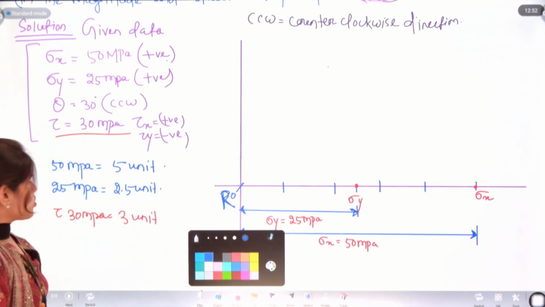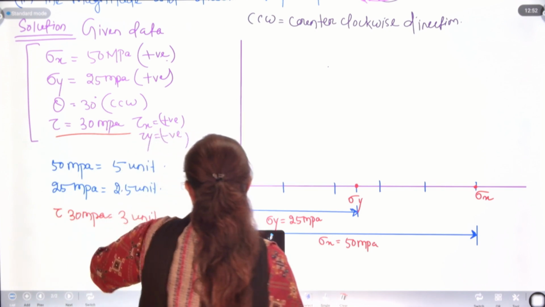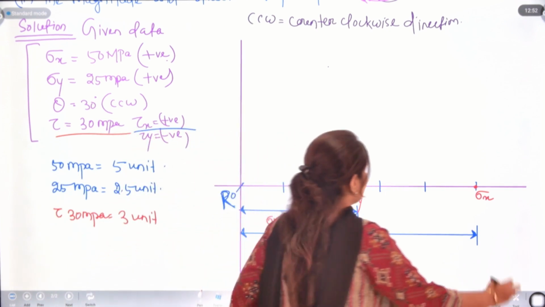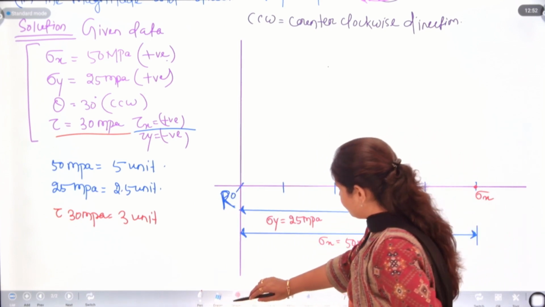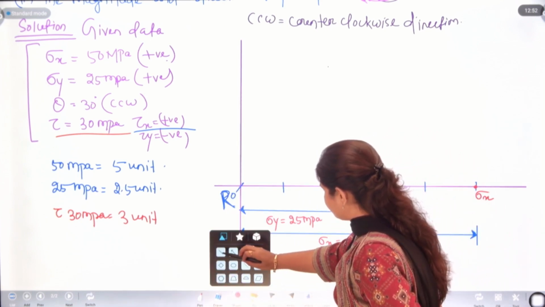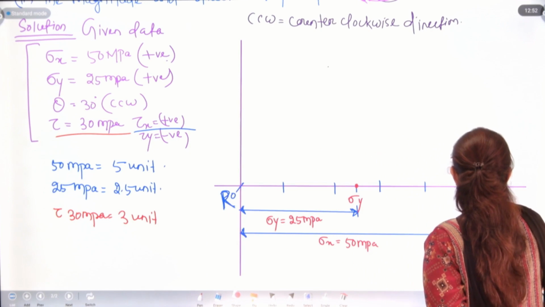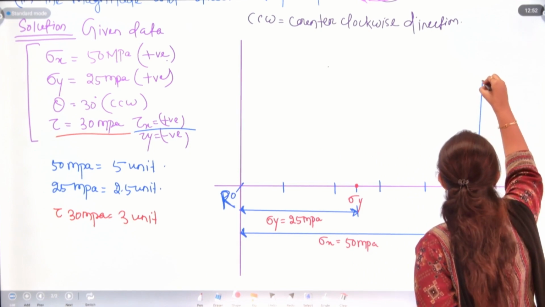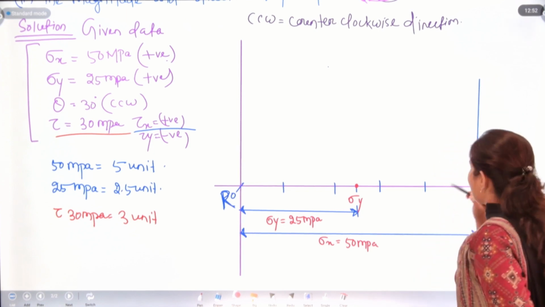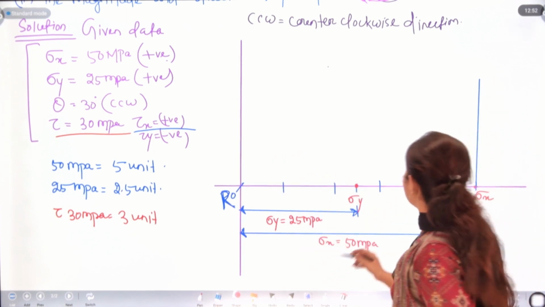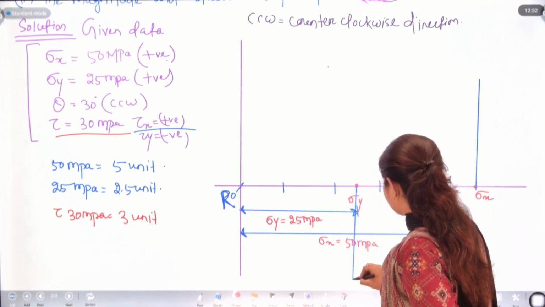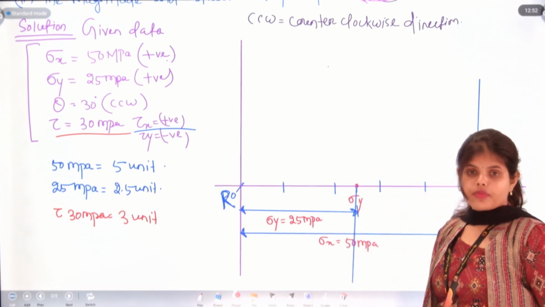We can see tau x is in the positive direction. So let's draw this tau x and tau y is in the negative direction. Draw it in this way.